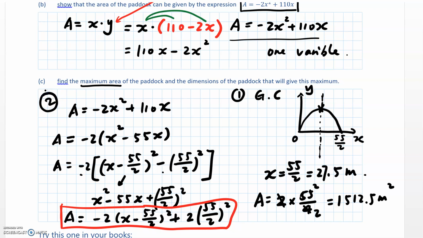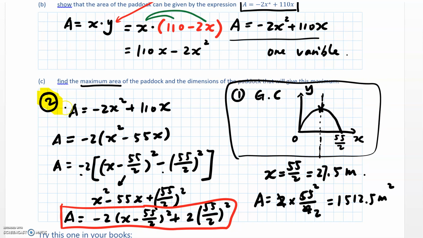I would highly encourage you to understand this method. This is to solve algebraically, and this is really, really good thinking. But if you really get stuck, you can use your graphic calculator, which is very, very easy. All you need to do is put this into your calculator and use G-Solve to find the local maximum, where you get the x and y coordinates of the local maximum.